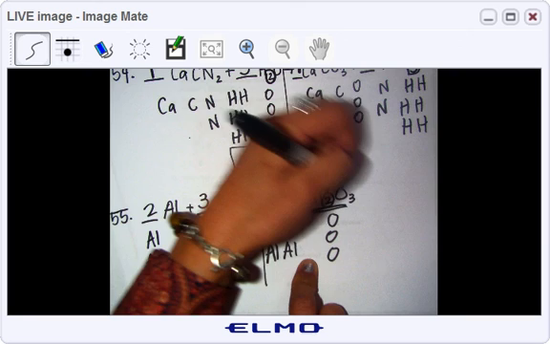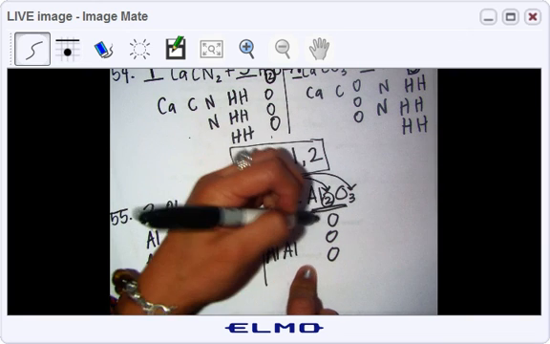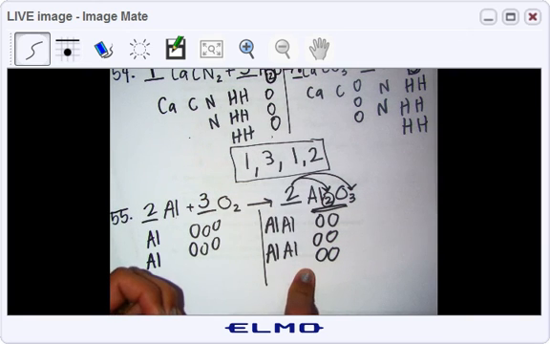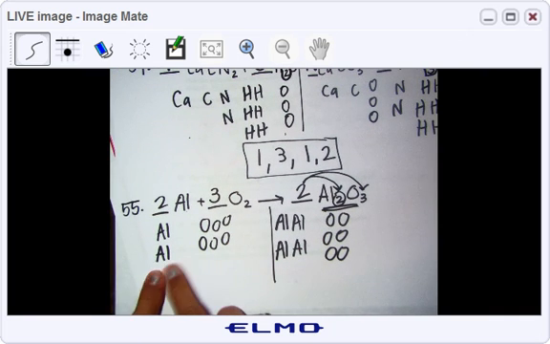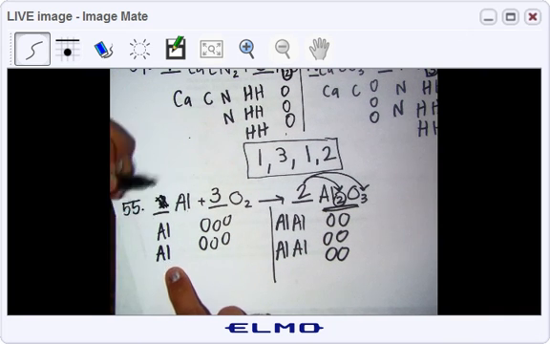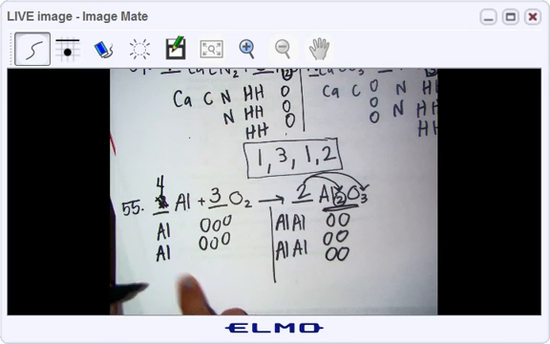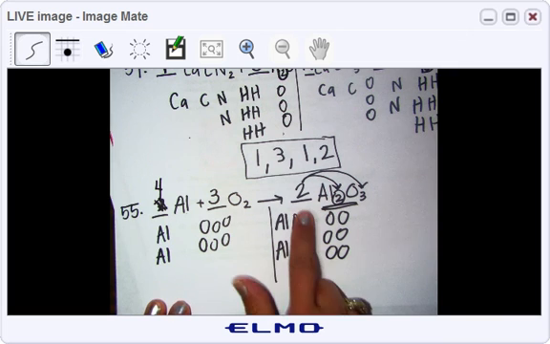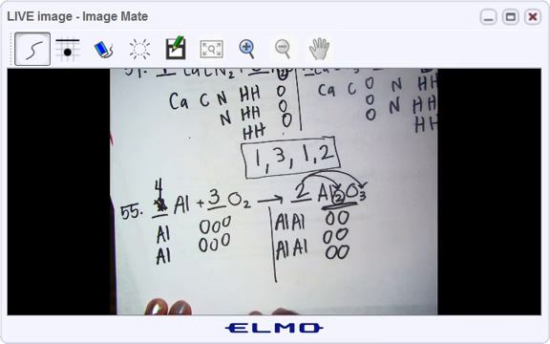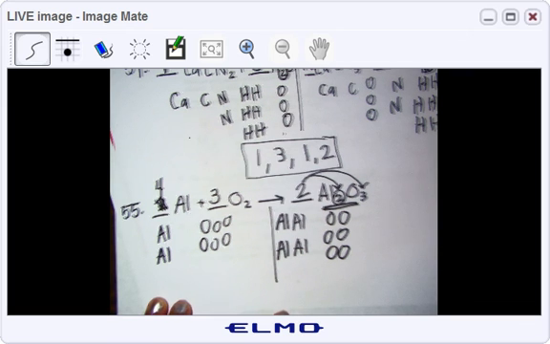But at the same time, it also gives me what I need with my oxygens, which is 6. Now I have more aluminums here, so I need to go back and put what number here? And at the end of the day, they only wanted the coefficient from here. So the correct answer is 2. The coefficient for aluminum oxide is 2.